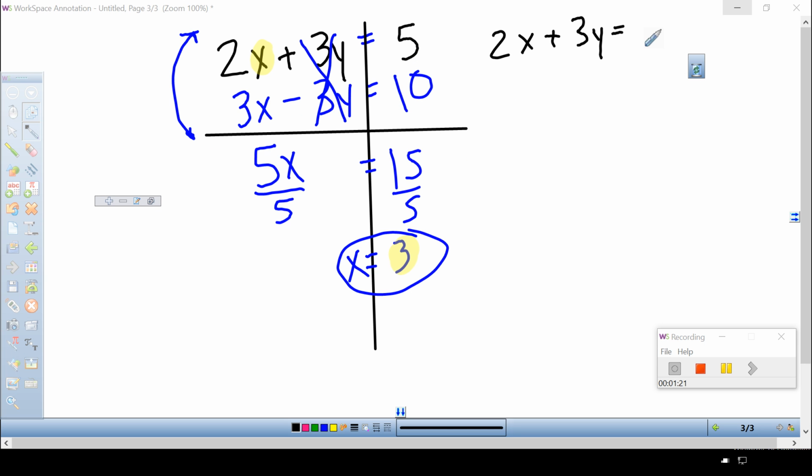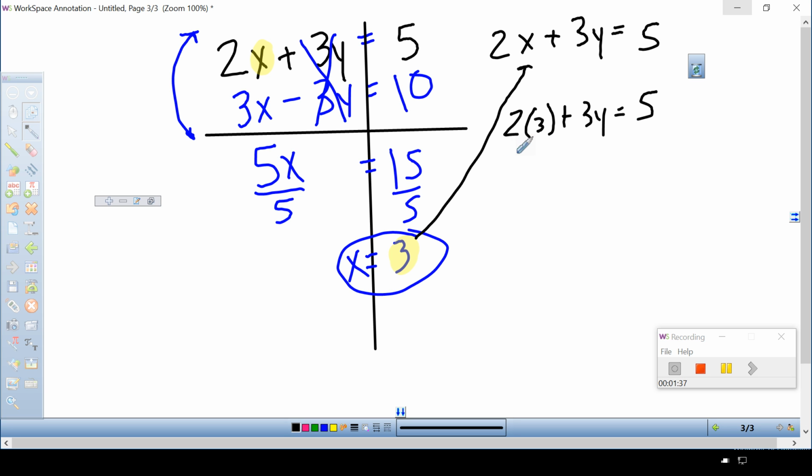Well, what I'm going to do is take this 3 and plug it in up here for x. So I will now have 2 times 3 plus 3y equals 5. So 2 times 3 is 6 plus 3y equals 5.